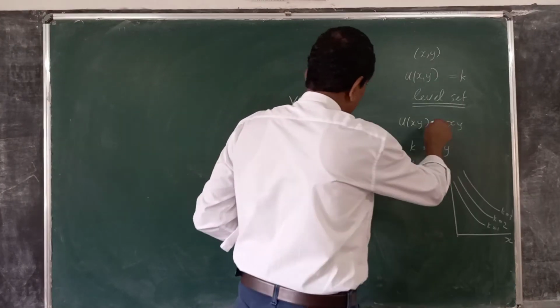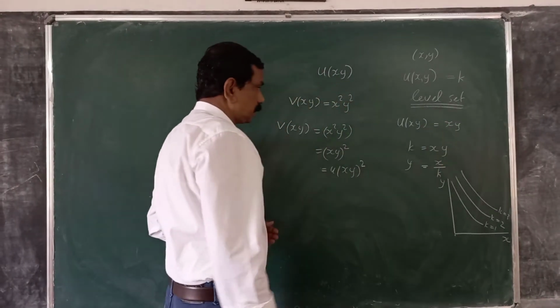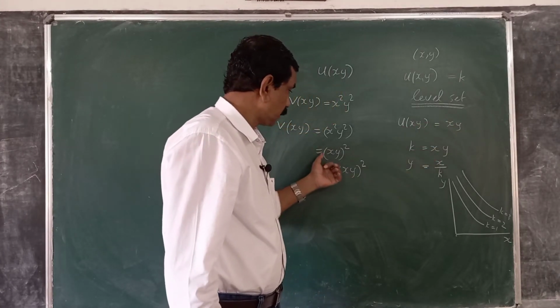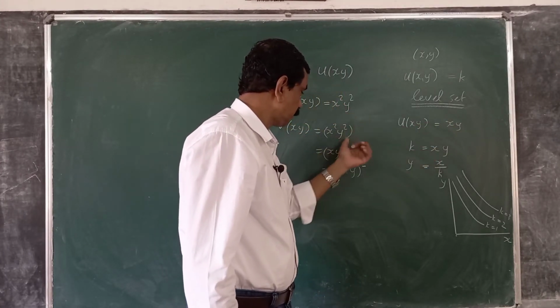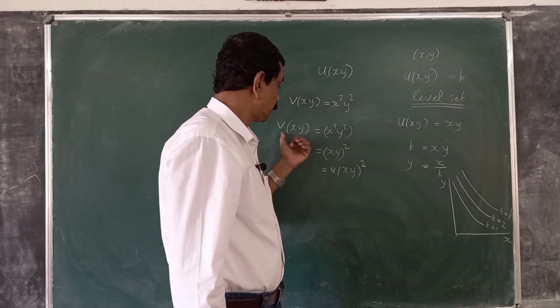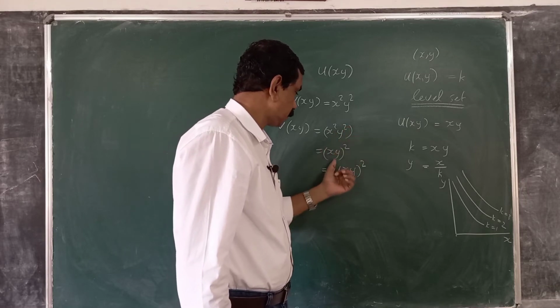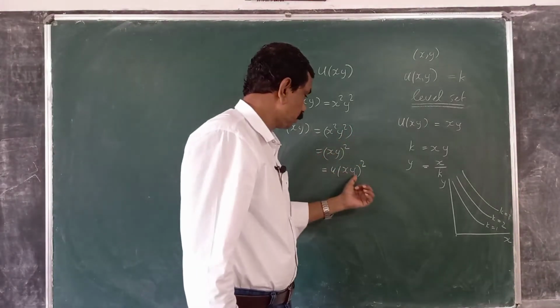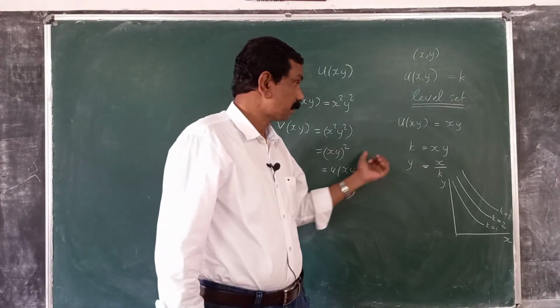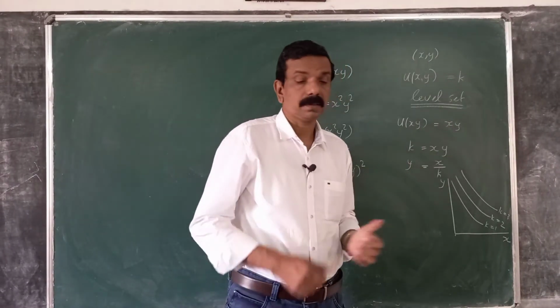U(x,y) is equal to xy. The square of this xy is x square y square, and so it is nothing but V(x,y), which is x square y square, equal to u of xy square. So it is nothing but the square of U(x,y), which is xy.